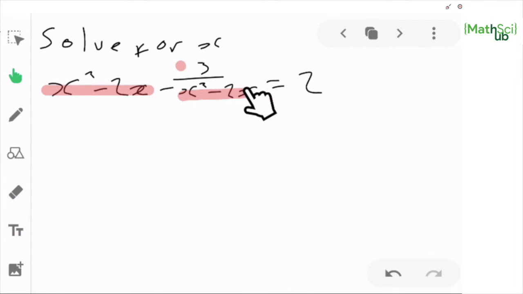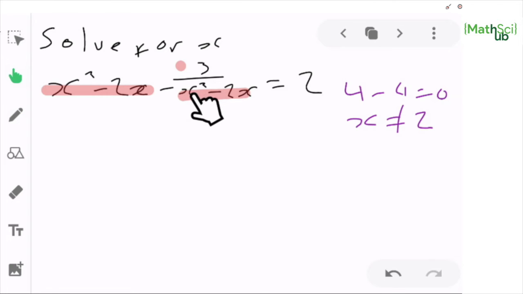Let's say your final answer is 2 and you have a 2 here. So 2 squared will be 4 minus 2 times 2, meaning it's going to be 4 minus 4, which will end up giving you 0, meaning your restriction is your x should not equal 2, because once you get a 2, your denominator will be 0.